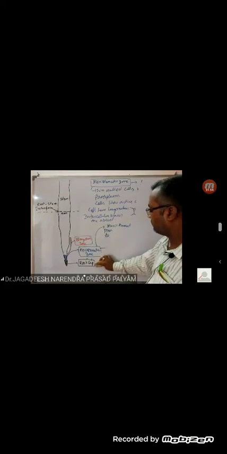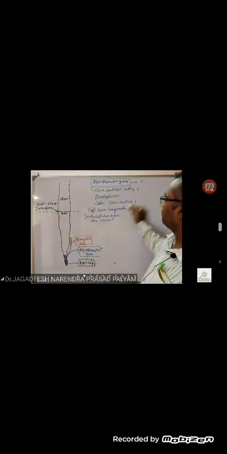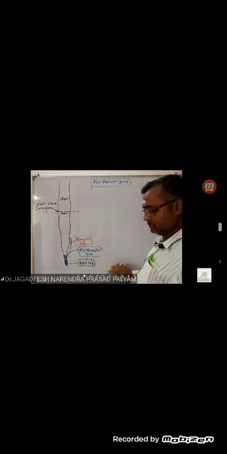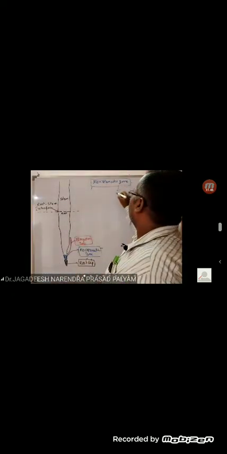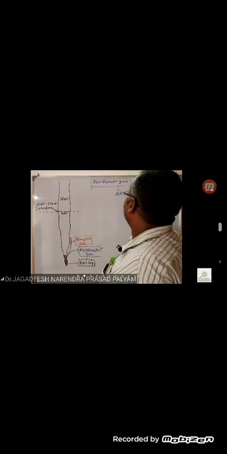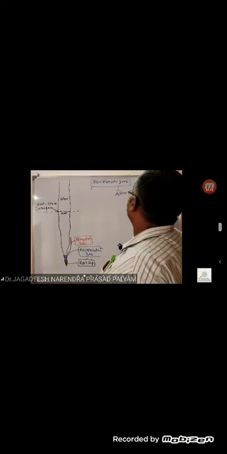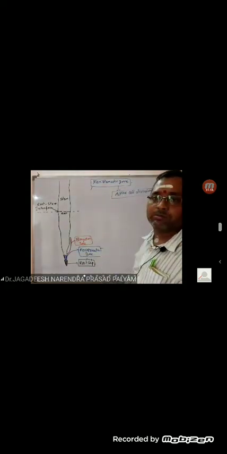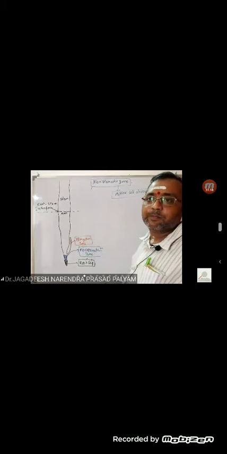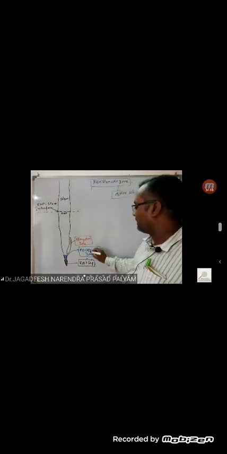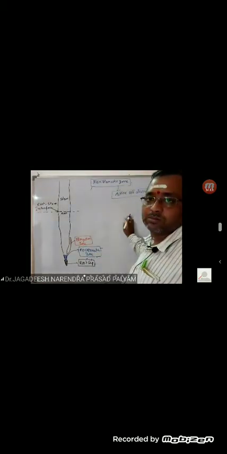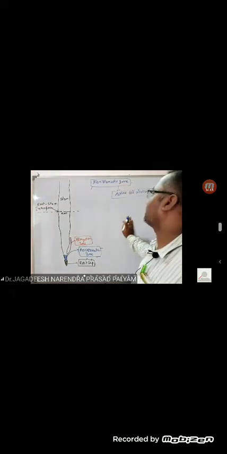So if you see the meristematic cells, it has active cell division. That cell division in the root takes place only in this zone. Nowhere else does it take place. Cell division takes place only in the meristematic zone.